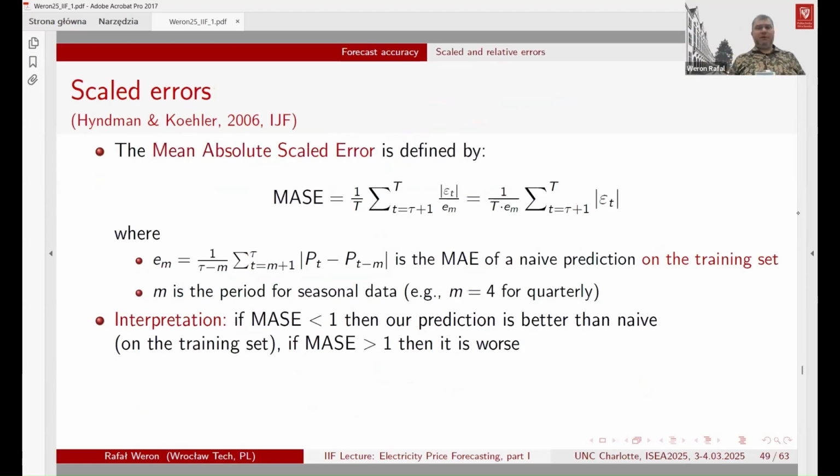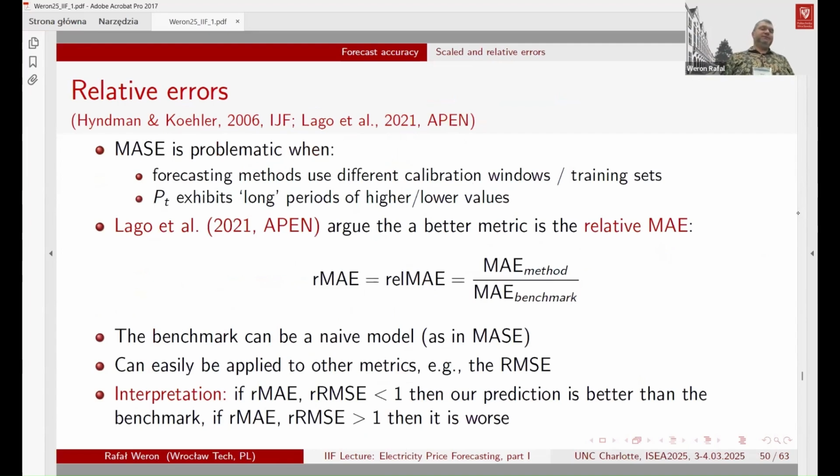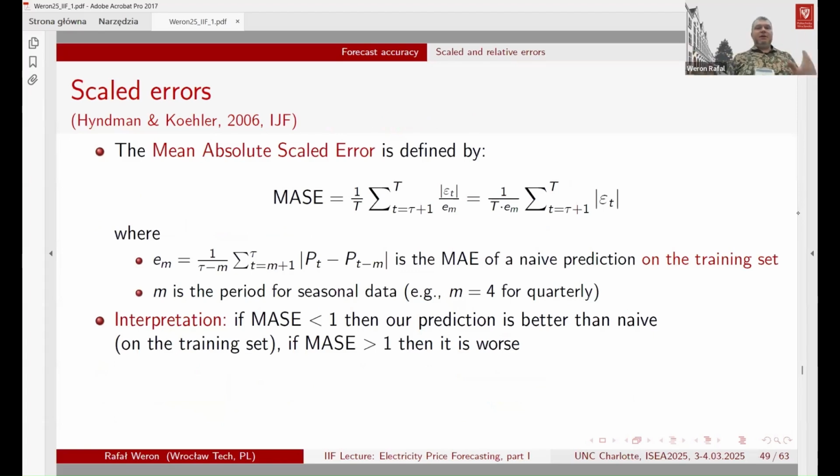Scaled errors, we've heard already also today about them. The difference between scaled errors and relative errors essentially is what you are using as a benchmark. With relative errors, your benchmark is the out-of-sample performance of some model, typically a naive model. Whereas in scaled errors, the base is the MAE, or whatever, of a naive prediction on the training set.